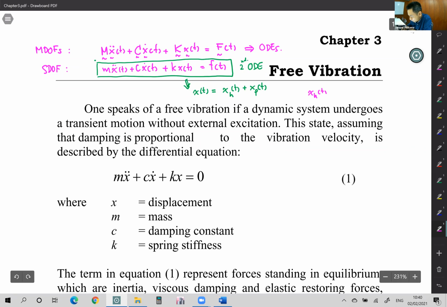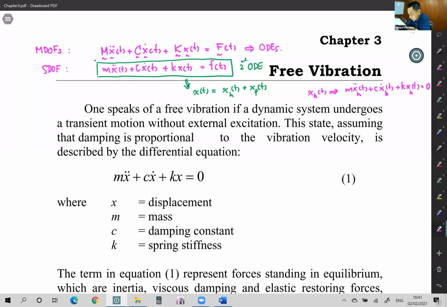The homogeneous part is the solution of c x dot h of t plus k x h of t equal to 0.